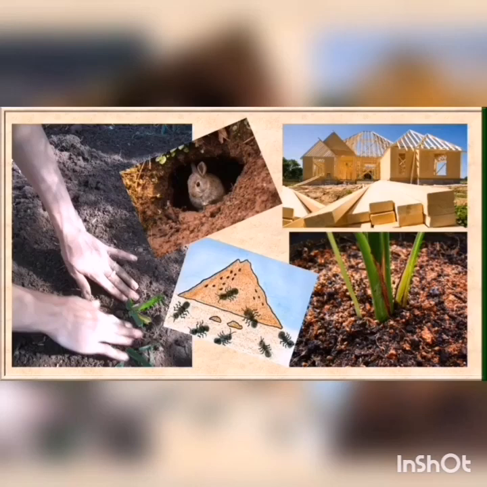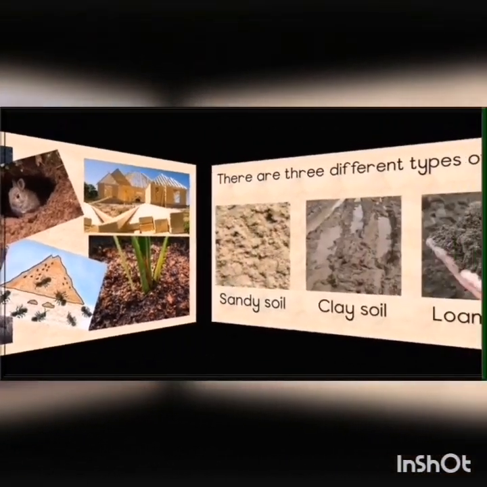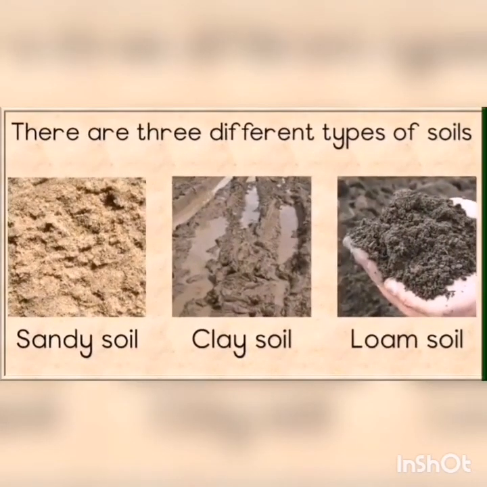Some small animals, like rabbits and mice, insects like ants as well as worms, live in the ground. And most plants need soil to grow in. We are going to have a look at 3 different types of soils: sandy soil, clay soil, and loam soil.